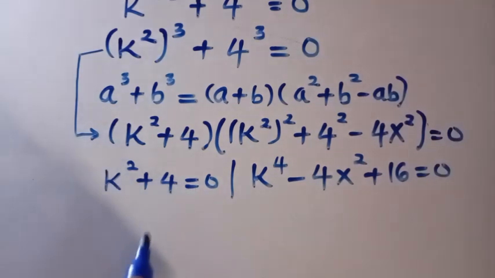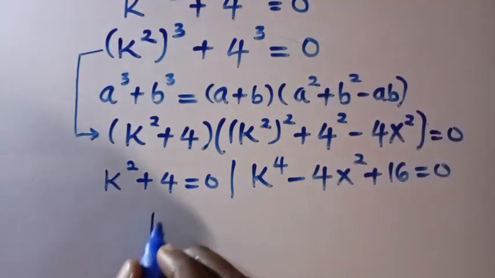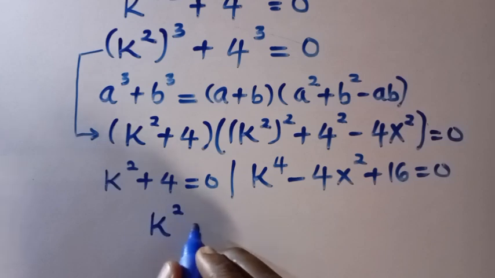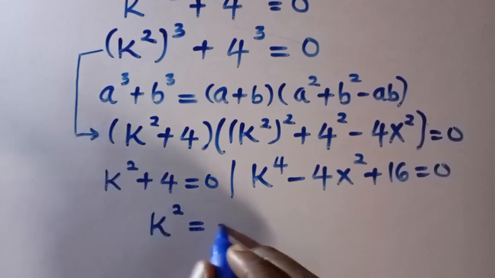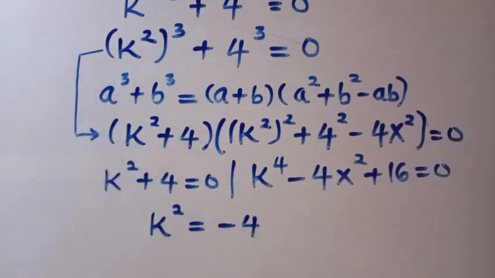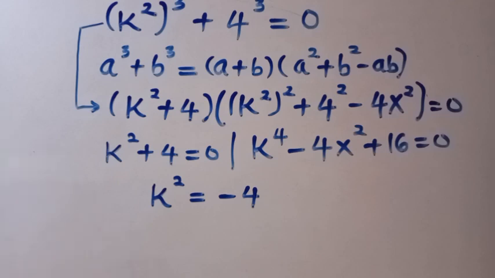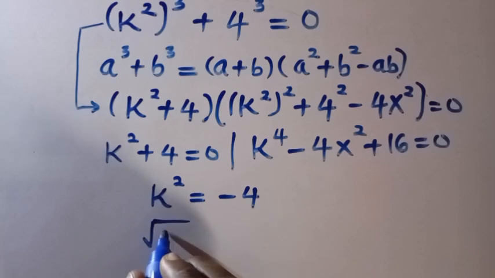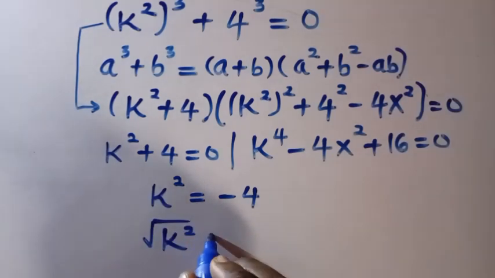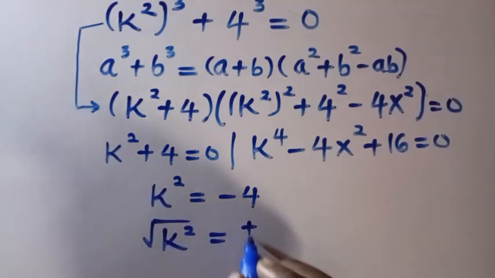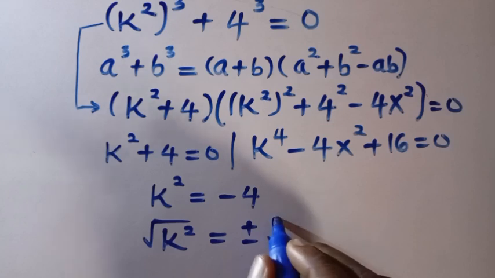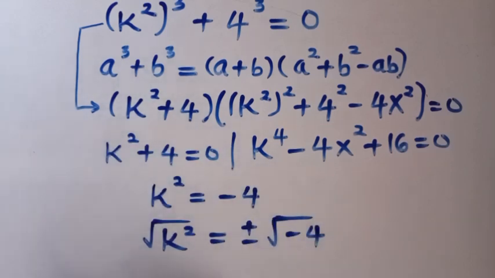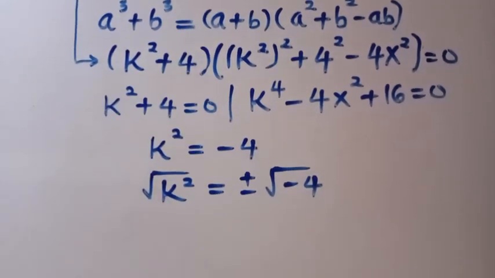So let's deal with this one first. We have k raised to power of 2 equals minus 4. Let's take the square root of both sides. By doing that, we have square root of k squared equals plus or minus square root of minus 4.